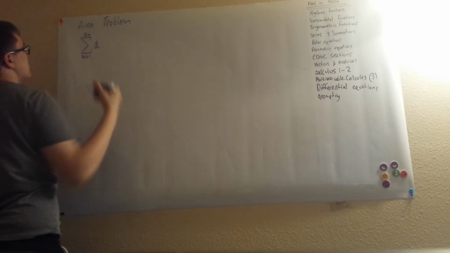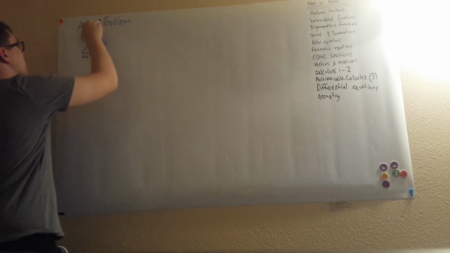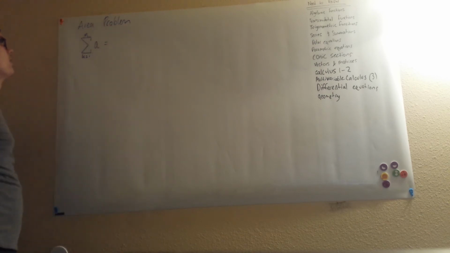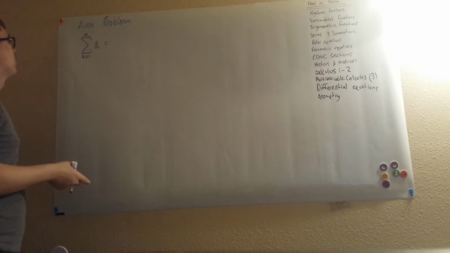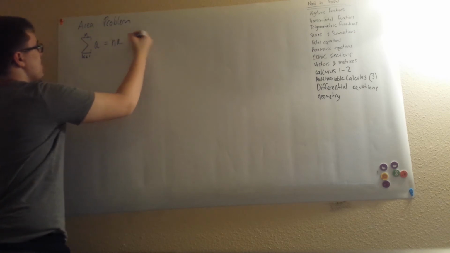a constant a from k equals 1 to 5, your answer would be, we're going from 1 to n, your answer would be n times a.